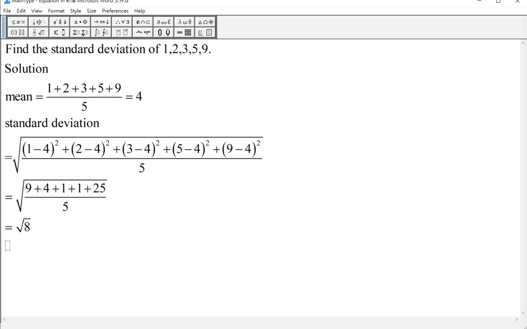And there's a remark. Besides standard deviation, we have another term, variance. Variance is equal to the square of the standard deviation.